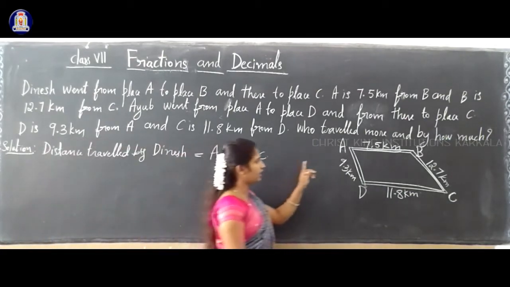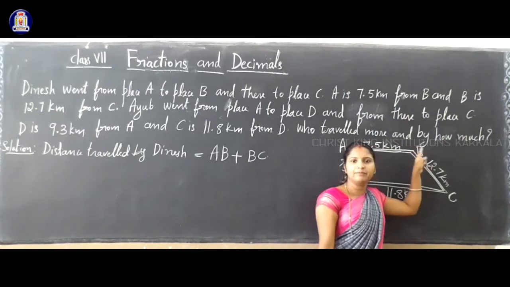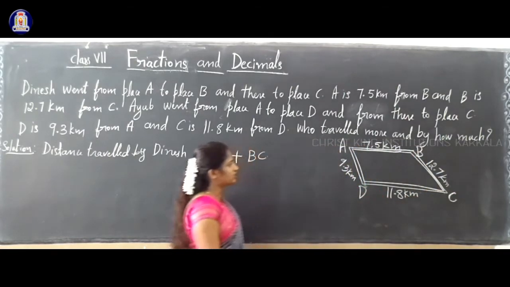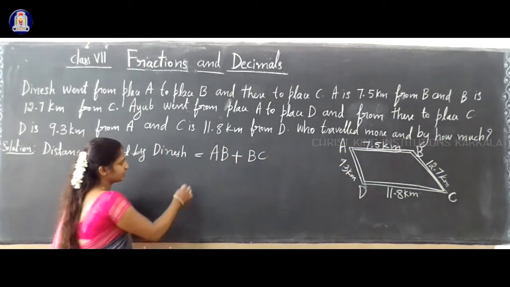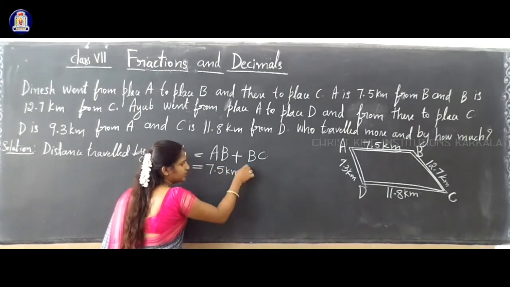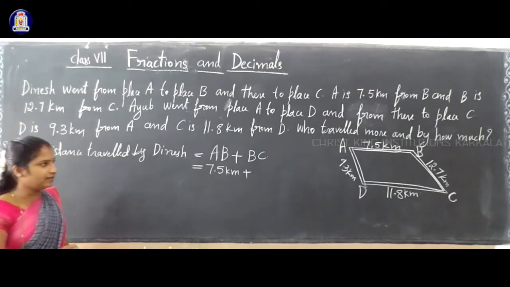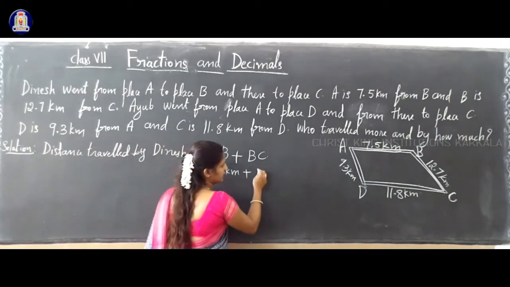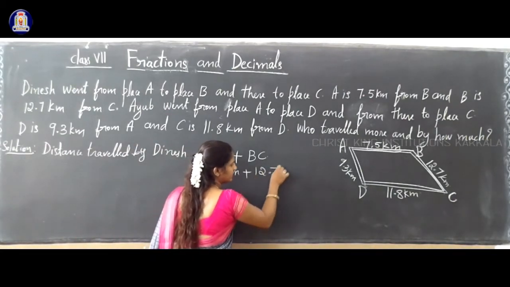So what is the distance here? A to B is 7.5 kilometers, and B to C is 12.7 kilometers.